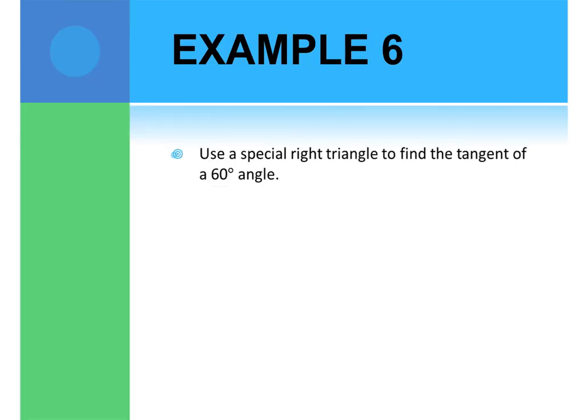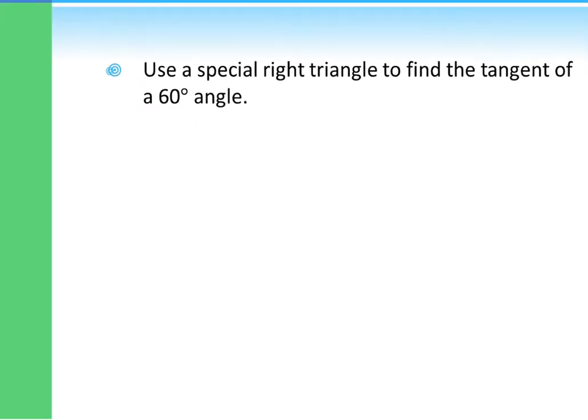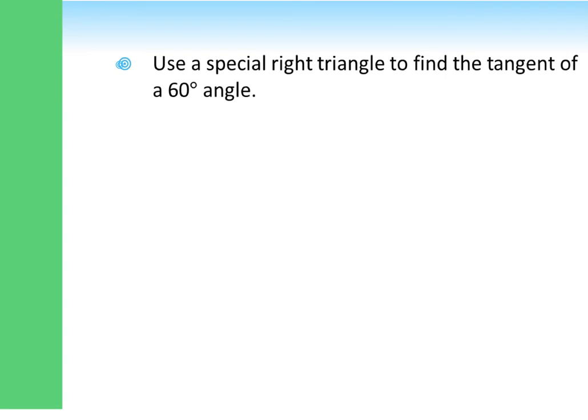Use a special right triangle to find the tangent of 60 degrees. Okay? So, let's set up a 30, 60, 90. Draw a right triangle. This will be my 60. This is my 30. This is my 90.